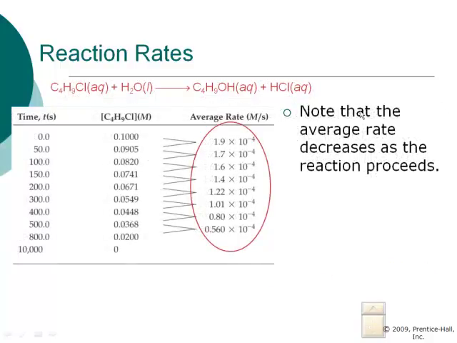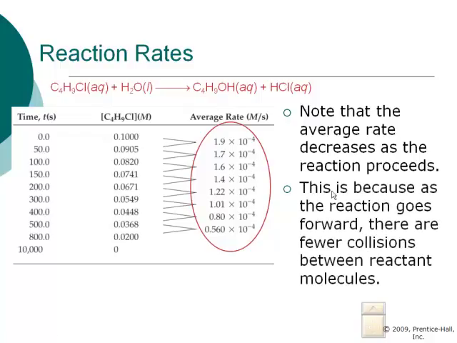Alright, so note that the average rate decreases as the reaction proceeds. So it started off really fast and vigorous, and then as we go down, the reaction got a lot slower. This makes sense because we talked about how concentration will affect the rate of a reaction. So it says this is because as the reaction goes forward, there's fewer collisions.